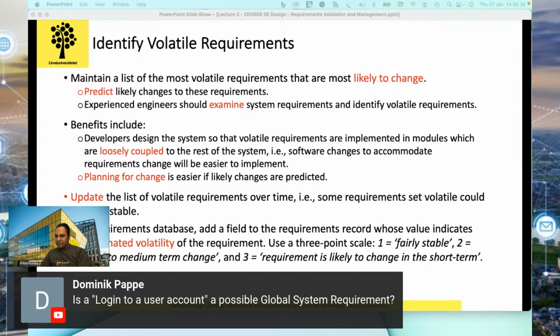If it's about authentication, it can be a global system requirement, but I'm just telling you based on my understanding. Probably for this requirement, you should ask those 6 questions against this one. And if it's yes to the first 3 questions and no to the last 3 questions, then it's a global system requirement. That I can say.